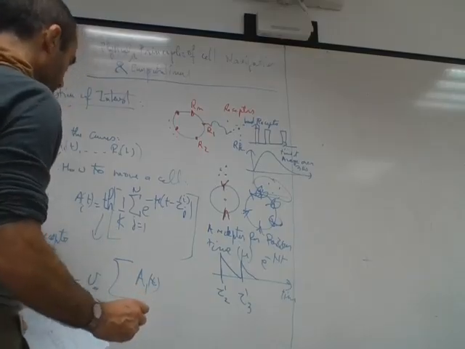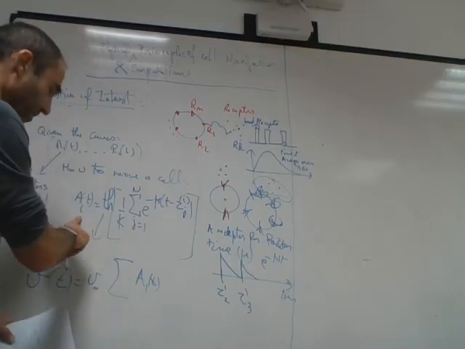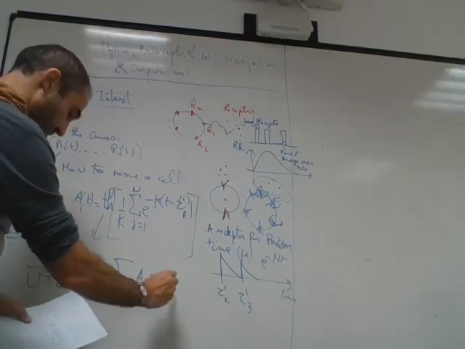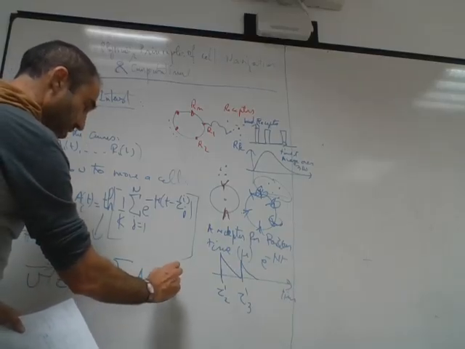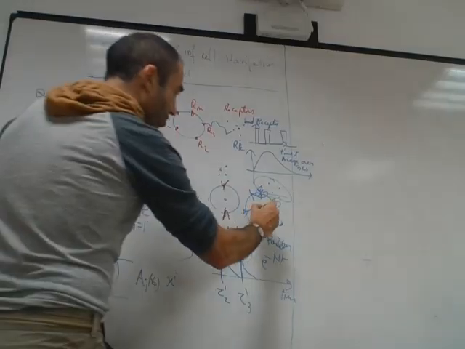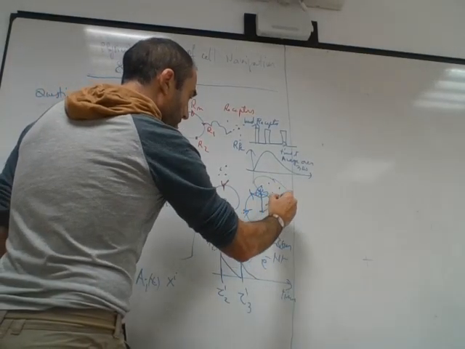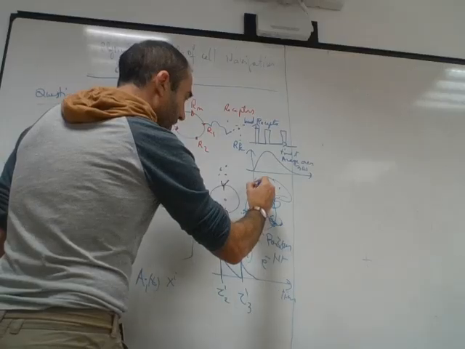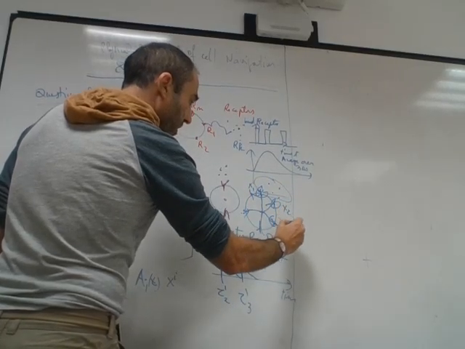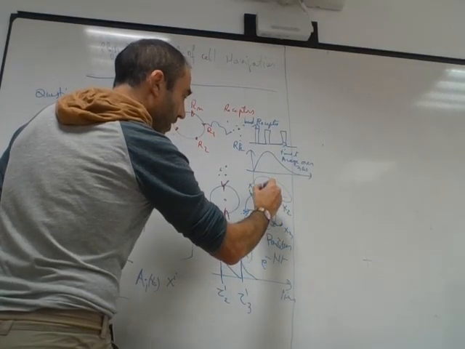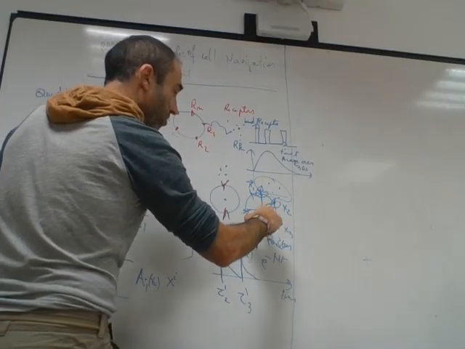So for each receptor i, we look at the position. So this is x1, x2, x3. This is the position of the receptor. x1 is this vector compared to 0.